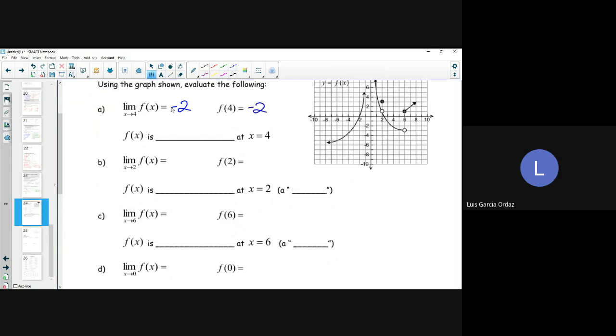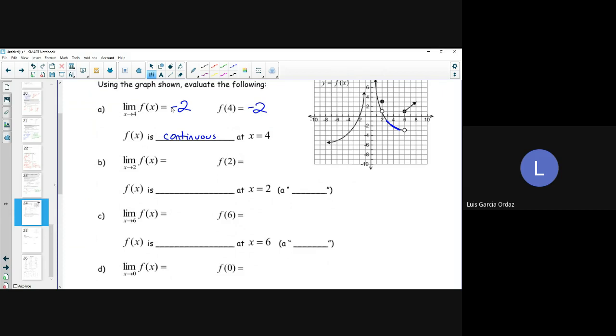So, is f continuous or discontinuous at x equals 4? It's continuous. So as x approaches 4, as you can see, this graph is continuous at that specific x value, okay?